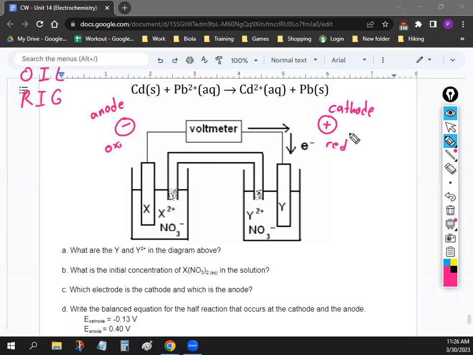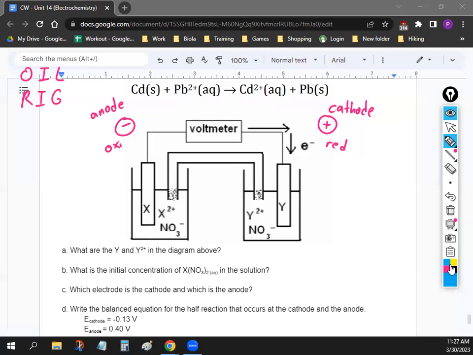All right. So now we can start working on the actual problem. Let's take a look at part A. It's asking what is Y and Y2+. We know that it's on the cathode side and it's reducing. So we can take a look at this reaction and figure out which one is being oxidized and which one is being reduced.